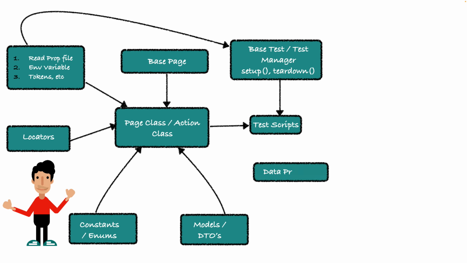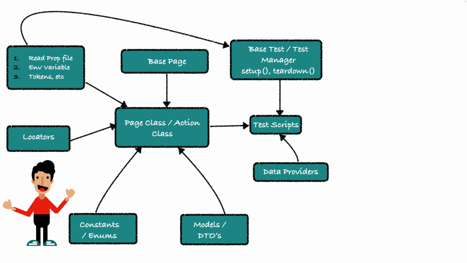After that, there is another important component, data provider. In your framework, for certain scripts you might require a data provider. For example, let's say you have an application where you search for a product, and then you need to search with some special character.